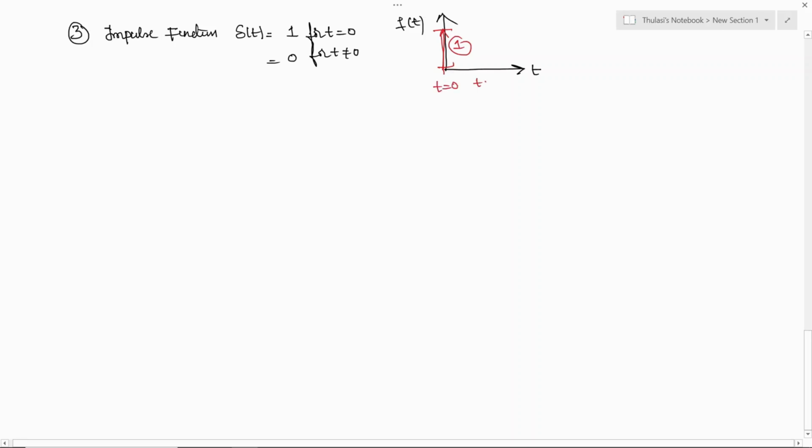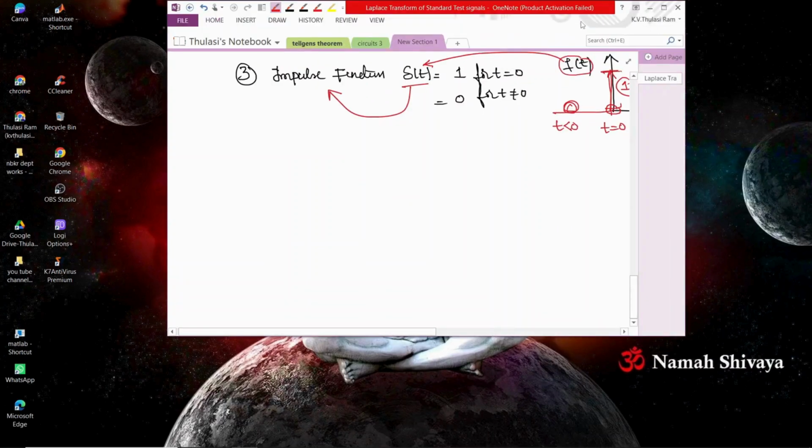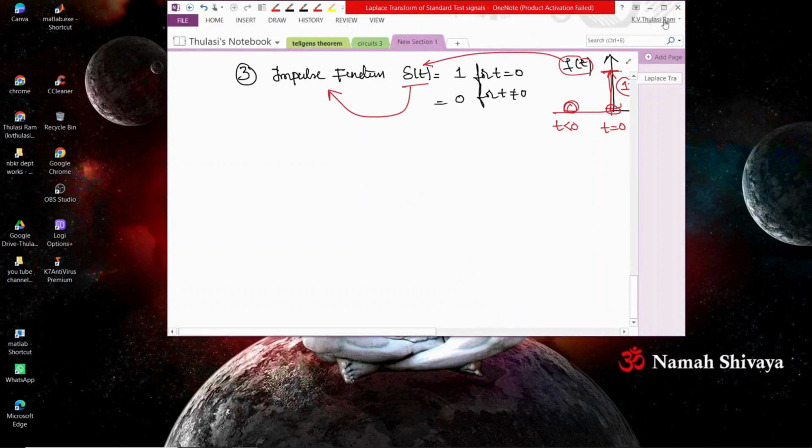Whenever t is greater than 0, it is 0, and whenever t is less than 0 also, it maintains a value of 0. At t equal to 0 only, it maintains a value of 1. Therefore this f of t is called delta of t, where delta of t is nothing but the impulse function. F of t is indirectly also delta of t only. So f of t I can write as delta of t.